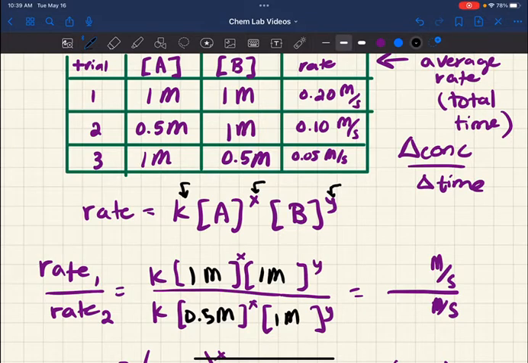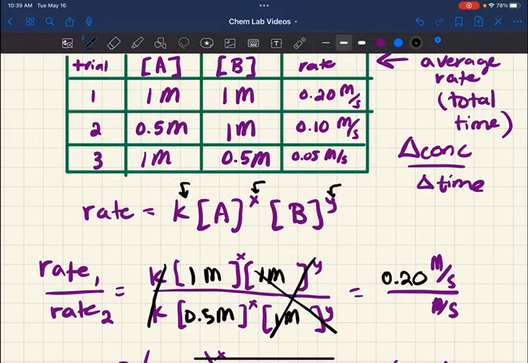All right, since B has the same concentration in both, that entire term I'll just go ahead and eliminate. And I can do the same thing with my rate constants. The rate constant should be the same because we are not changing the temperature. The only thing that did change is my concentration of A, so I will keep that term with its unknown exponent, and I will also set them equal to the ratio of rates.